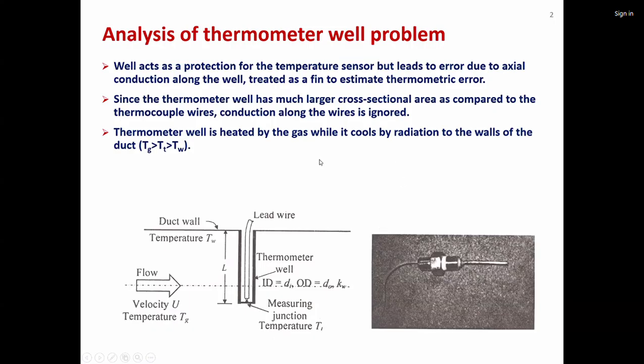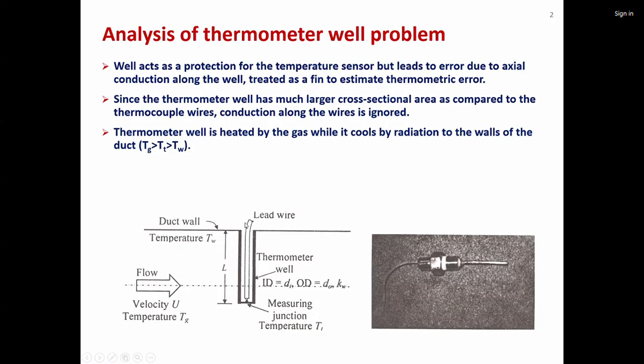So if let's say the process fluid is a gas, and let's say the gas temperature is higher than the ambient, the duct wall temperature, typically the heat flow will be from Tg to the thermocouple tip, and then it will go from the thermocouple tip to the ambient, and basically by conduction.